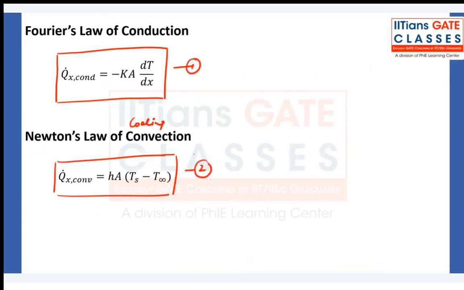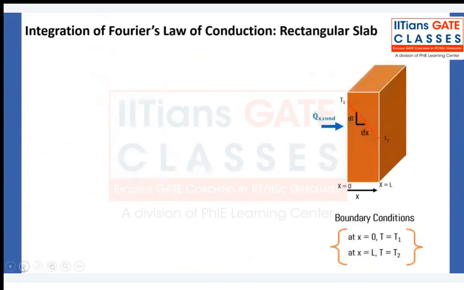Yesterday we defined Fourier's law of conduction as Q conduction equals minus k A dT by dx. So what is dT by dx? It is the temperature gradient in a very small element.